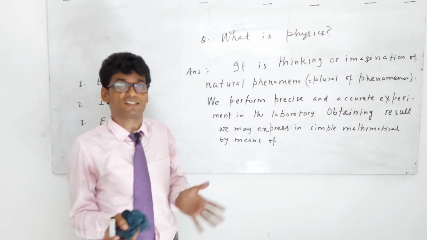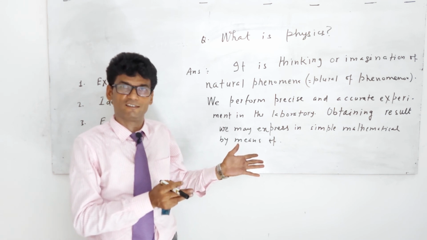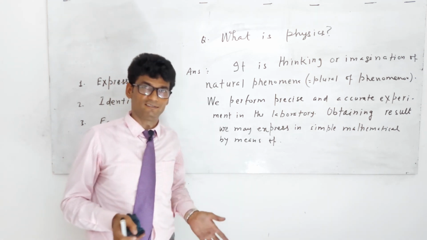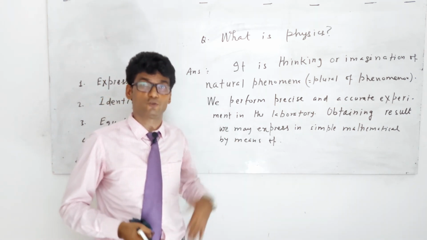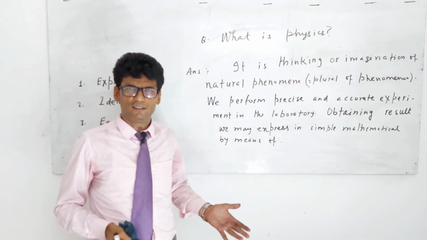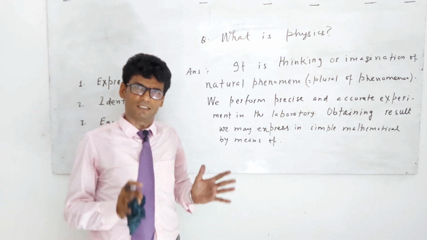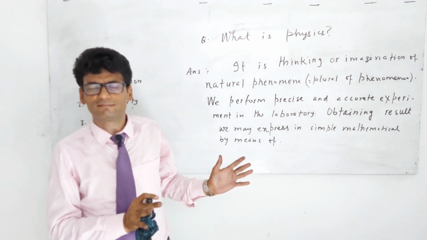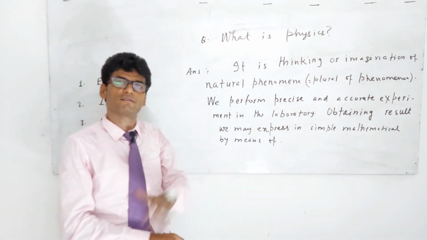However, their modes of study are different. Now we people have specified: this is physics, this is chemistry, this is mathematics, biology, and so on and so forth. We did, but nature has nothing to do with that. So that is why natural phenomena.